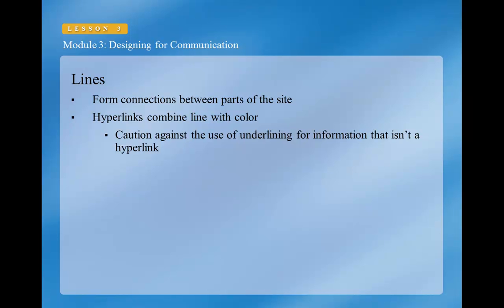Lines can also form connection between parts of a site. And remember, lines are always typically used with hyperlinks when they're in a text. So remember, underlining information, we don't want to do it unless you're going to make it a hyperlink.